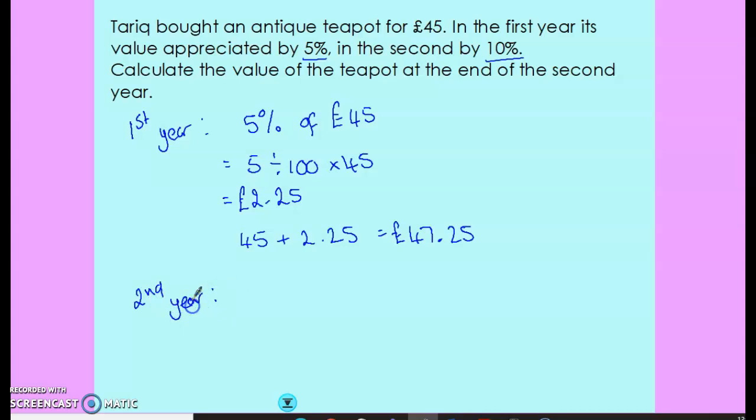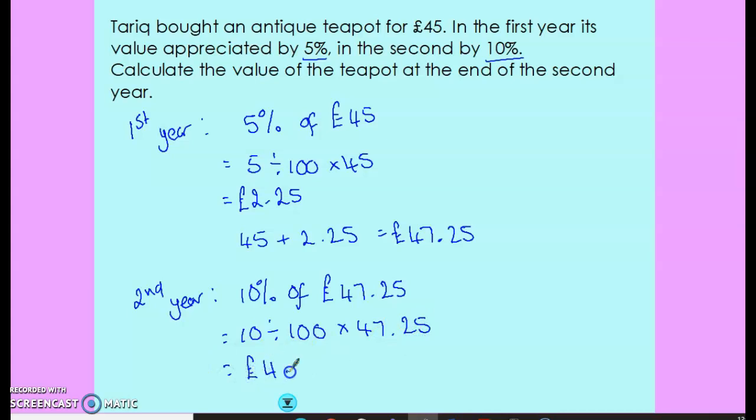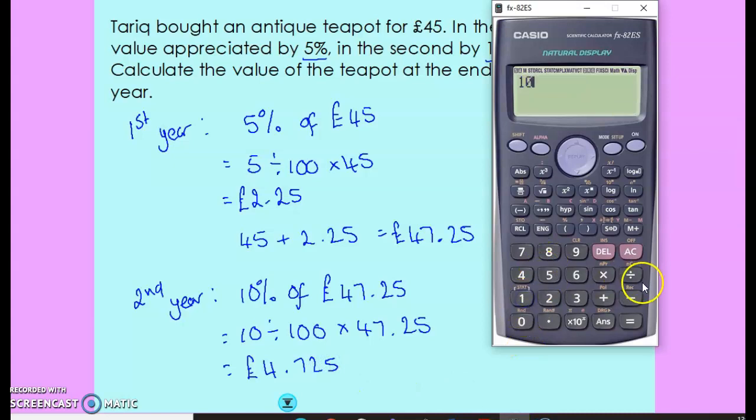In the second year, it appreciates by 10%. So we want to find 10% of £47.25. So 10 divided by 100 times 47.25. That comes out at 4.725. Just type that into my calculator. So we get the 4.725.